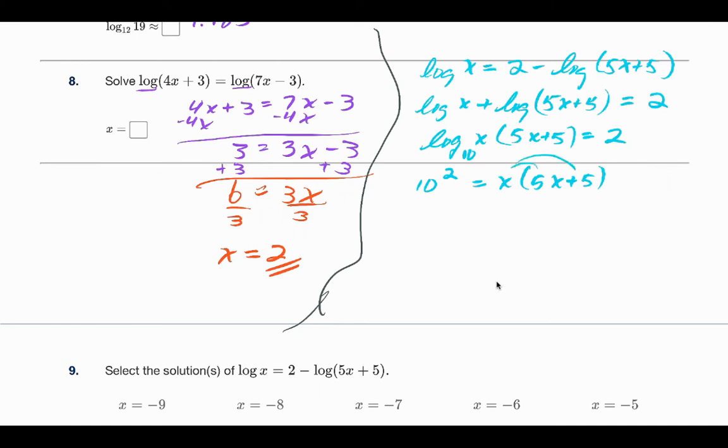So I'll have 5x squared plus 5x, and that will equal 100. So now let's go ahead and take that 100 and move it over to the other side, so it now becomes negative, and I'm going to put it all on this side.